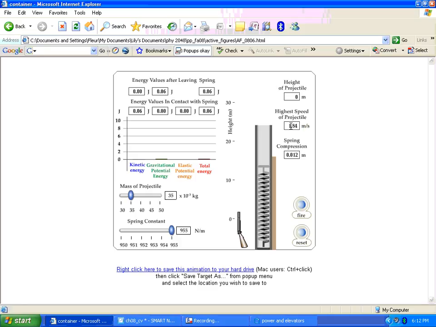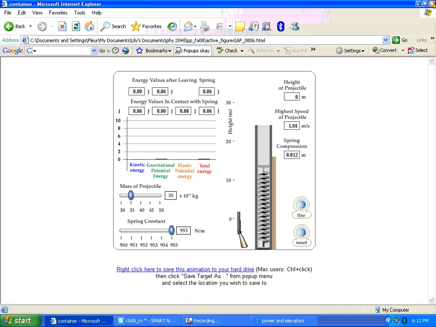We'd have to solve for the speed of the projectile when the spring is in the relaxed state. In other words, V sub B for us. So if we take this with our spring constant, which of course here is 955, but the value that we just obtained, we should be getting a value for V sub B, which we can match with this.